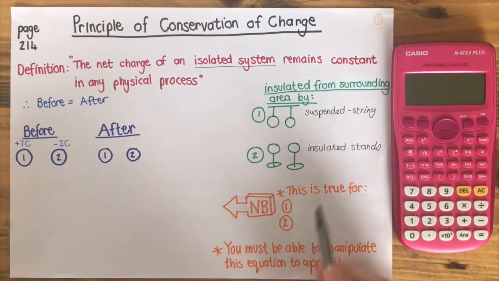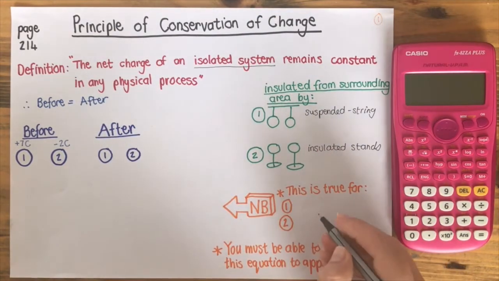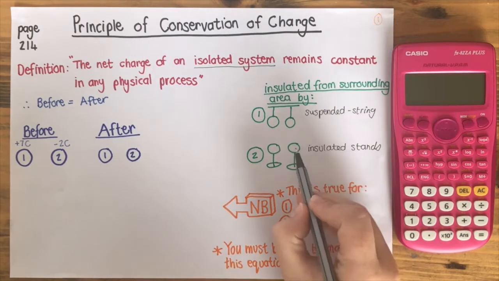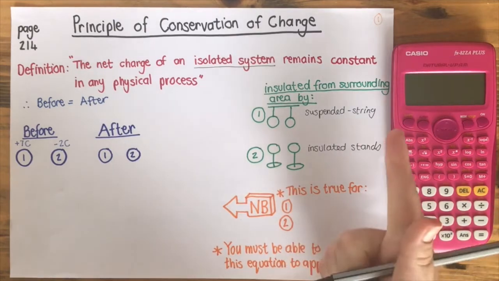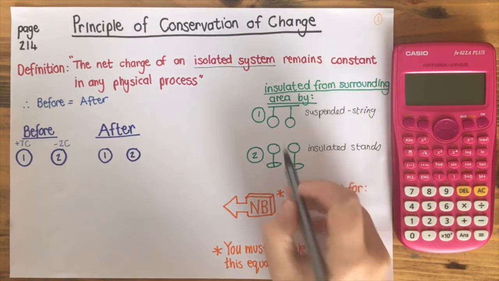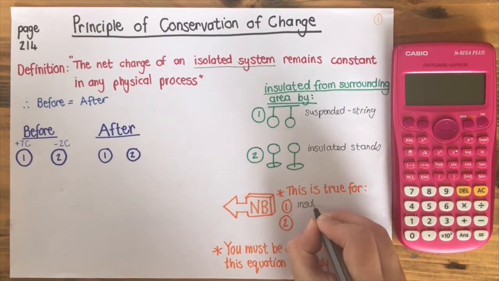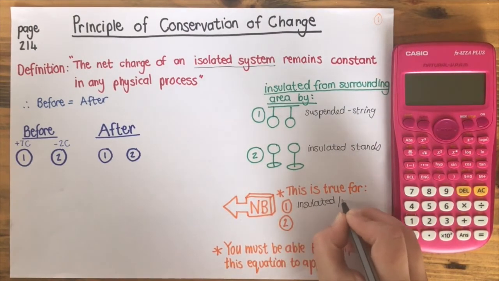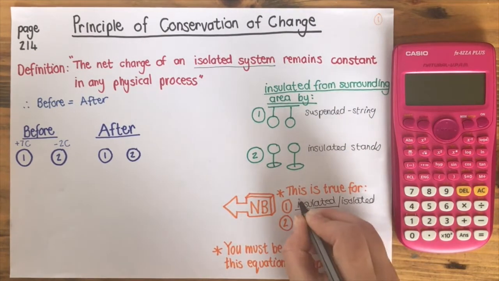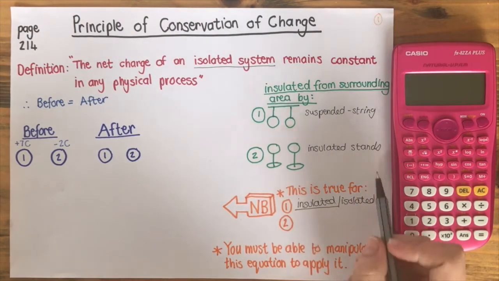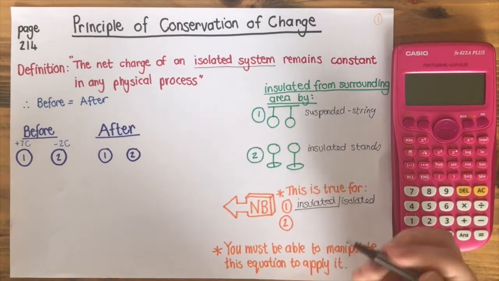Secondly, this definition is only true when the spheres are of identical size and they are on insulated stands or suspended by string. So they must be insulated or isolated. The word you would use would be insulated, protected from their surroundings either by suspending or standing on insulated stands.